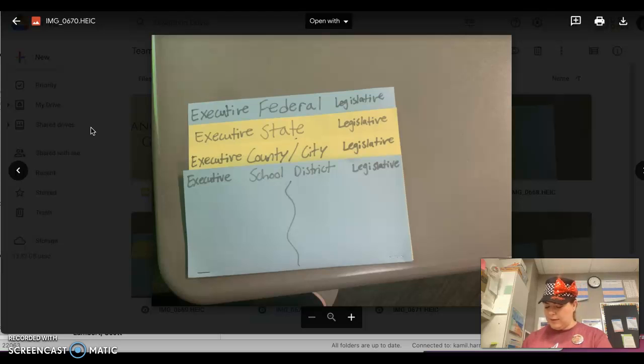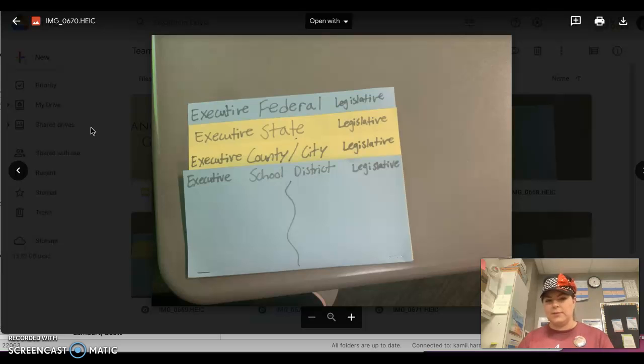And then I'm going to draw a line down the middle of every tab so that I can keep all my examples straight. So you have to know that a particular issue is going to be handled by a particular level of government. You wouldn't ask the mayor of Sandy City to declare war on Portugal, right? Because that's not the appropriate level.